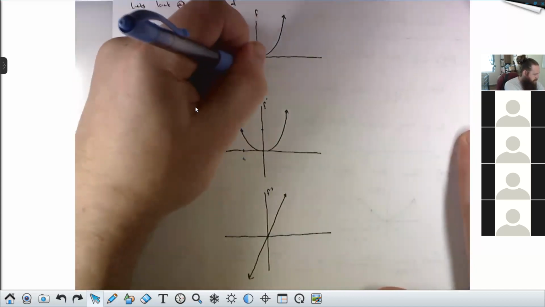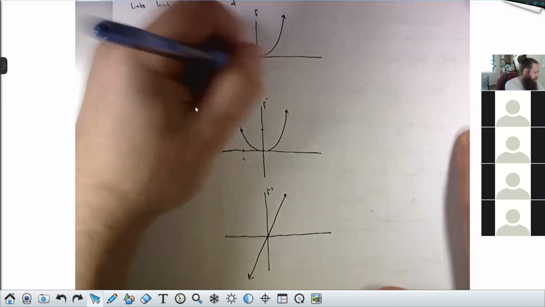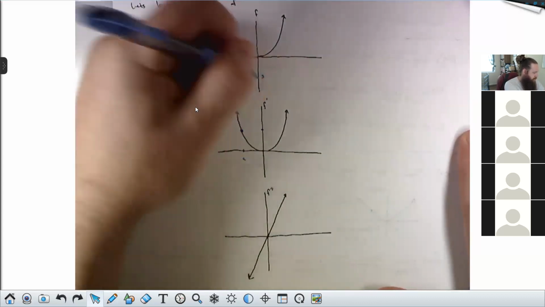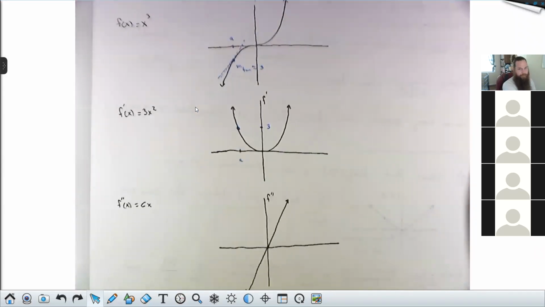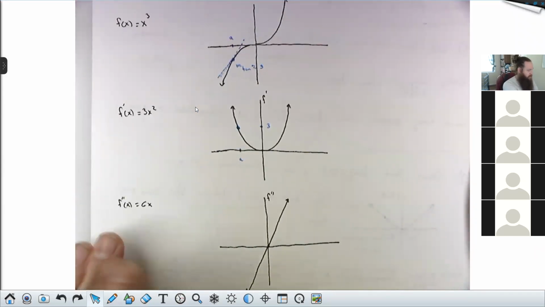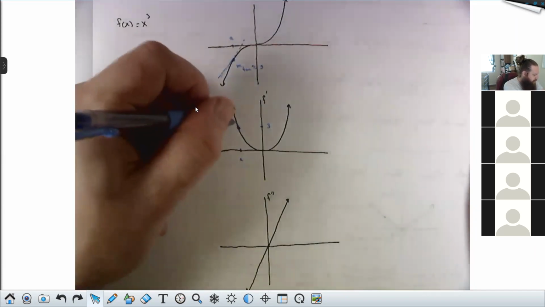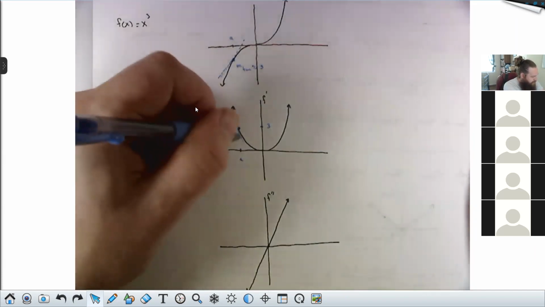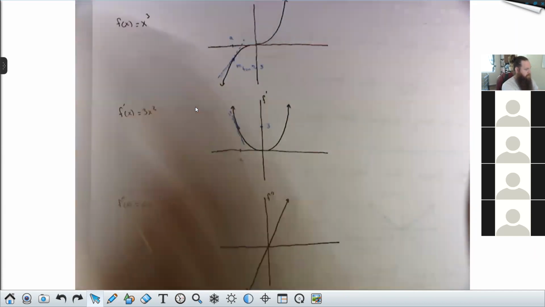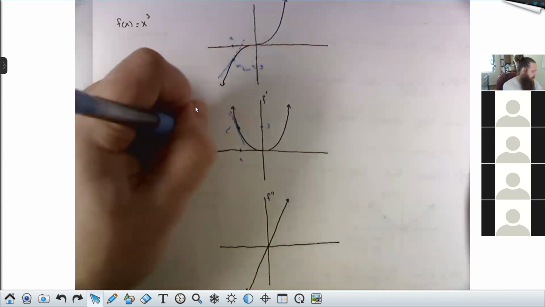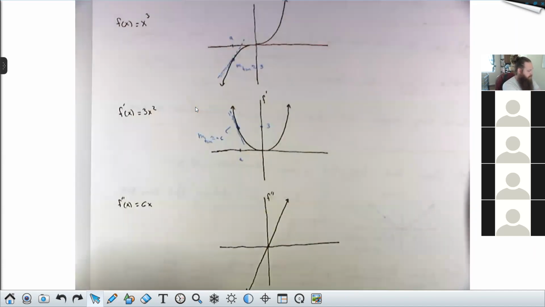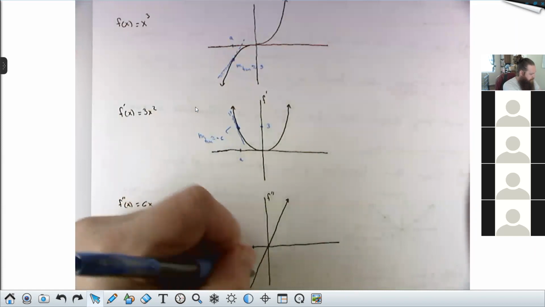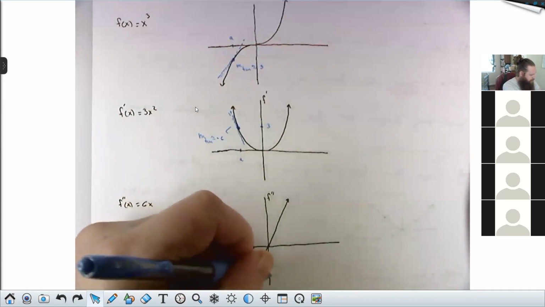So if I say this is, I don't know, 3, then this y value here would be 3. And the slope of the tangent to f prime, it looks like maybe negative 6, something like that, would be the y value here.